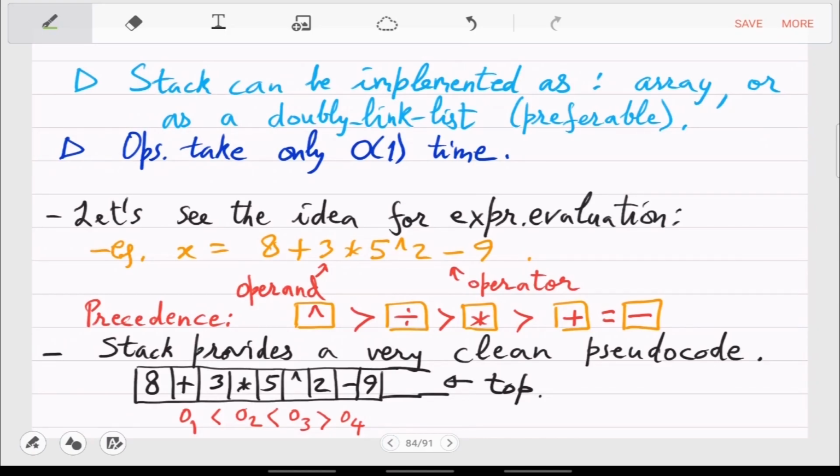Then O1 is a local maxima there because there is no operator before O1. So if O1 is already a local maxima, then you should have evaluated O1 immediately and not waited. But since O1 is less than O2, you have to wait. So you postpone the calculation, which means that 8 plus 3 star, you have to save it somewhere. This cannot be lost because it will be utilized later. But when you see the wedge, this exponentiation, you can kill it right there. You don't have to postpone that calculation, so you make it 25.